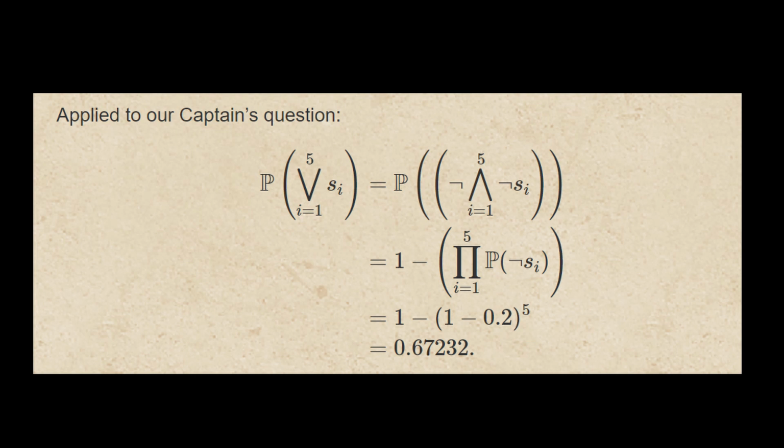Each of them is the same, so multiplying it by itself 5 times is the same as raising it to the 5th power, and 1 minus the quantity 1 minus 0.2 to the 5th power is 0.67232. So our bounty hunters have about a 67.23% chance of catching the pirate captain.